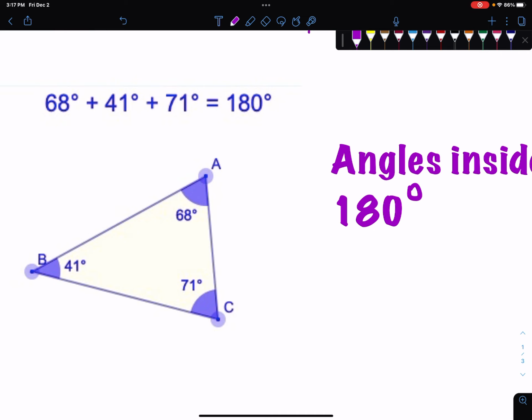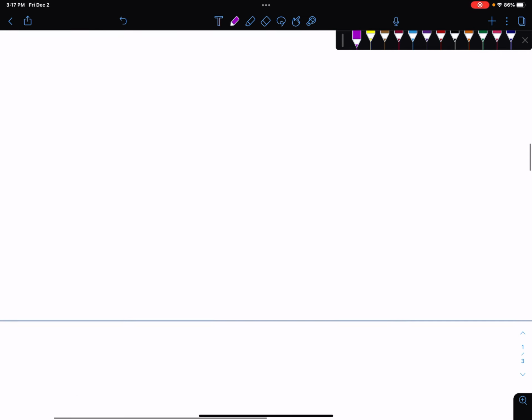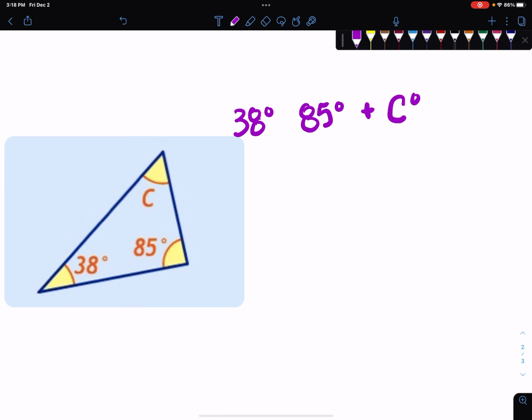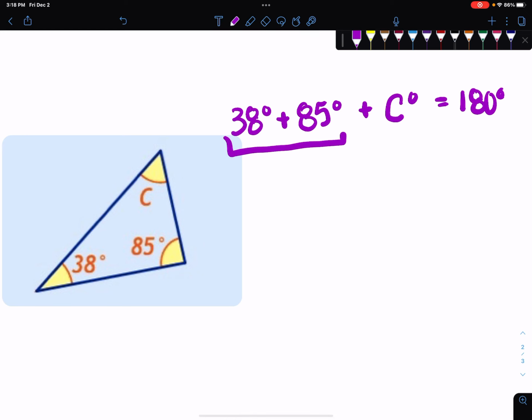Let me show you what I mean. Here's a triangle that has three angles inside: 38 degrees, 85 degrees, and then whatever C is, C degrees. We know that if I add up all three of those, it has to equal 180. The good news is I can add those together. 38 and 85 is 123 degrees together.